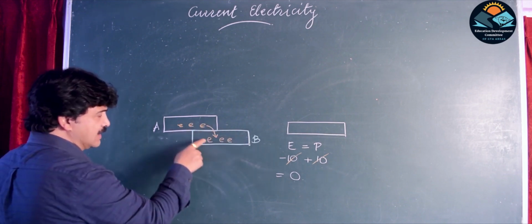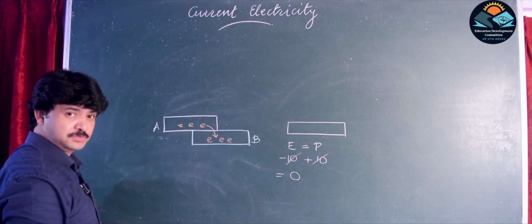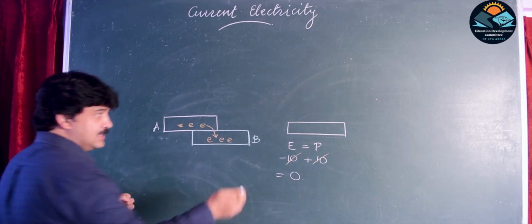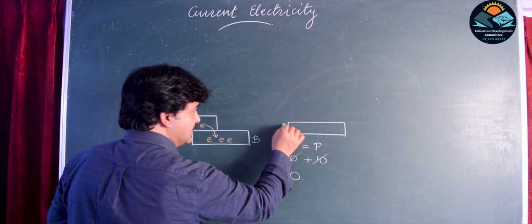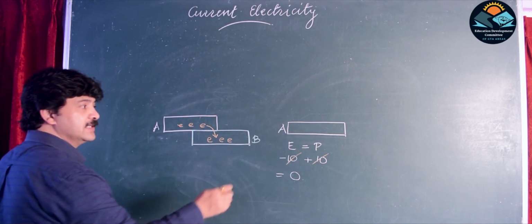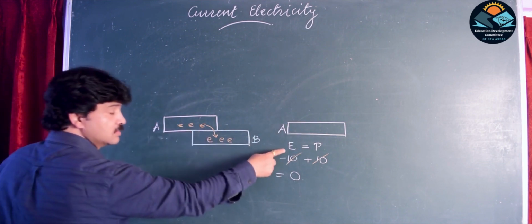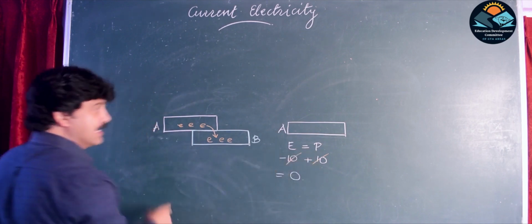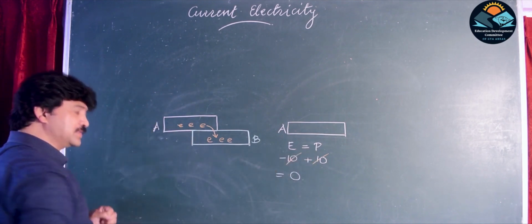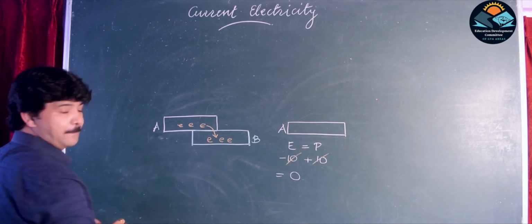How many electrons have moved from A to B? Three electrons moved from A to B. So what was the initial number of electrons of A? 10. No, protons 10. Now after losing 3 electrons, how many electrons are there in A?